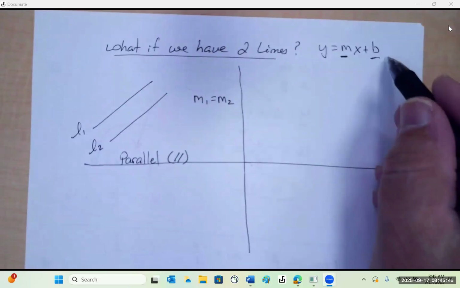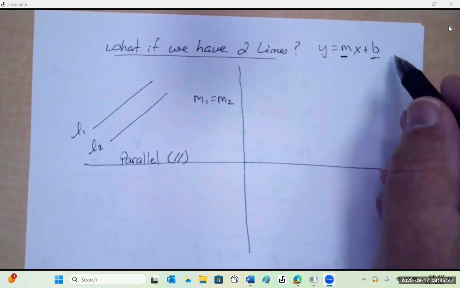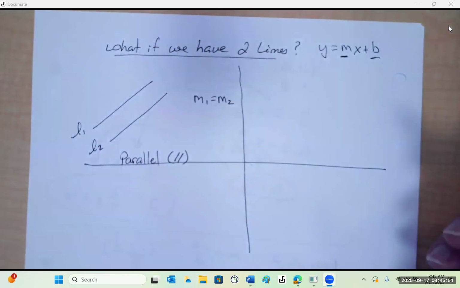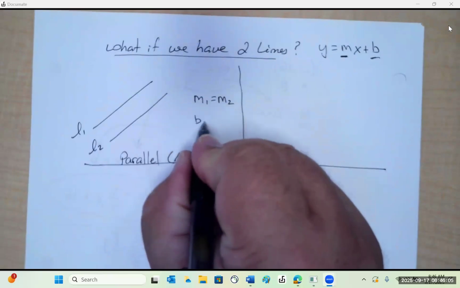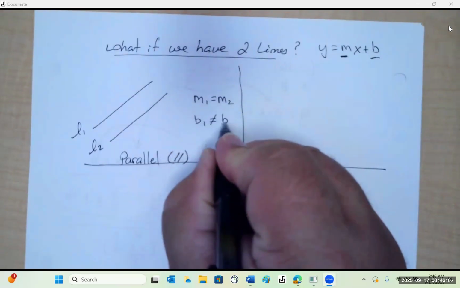What does B stand for? Now what about the y-intercepts if they're parallel? Yeah, they have to be different. So the y-intercepts cannot be equal.